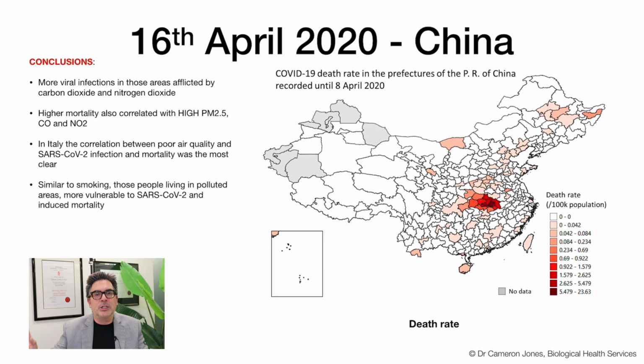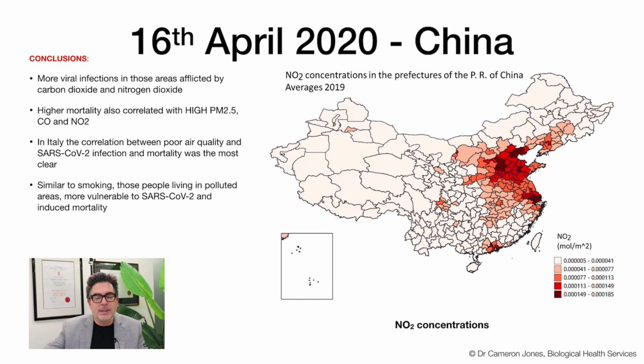I'm going to show the companion maps for China, but I want to make the point that higher PM2.5, carbon monoxide, and nitrogen dioxide are the markers we use to compare the death rate in China. Look at the nitrogen dioxide concentration, and you can see there is a good correspondence between the death rate, unfortunately, and the amount of pollution present in certain regions of China.